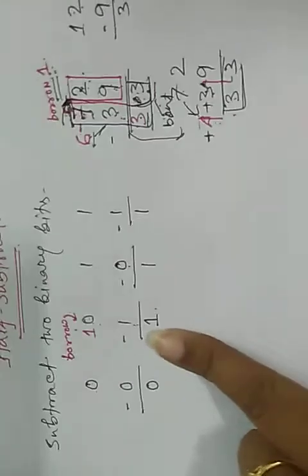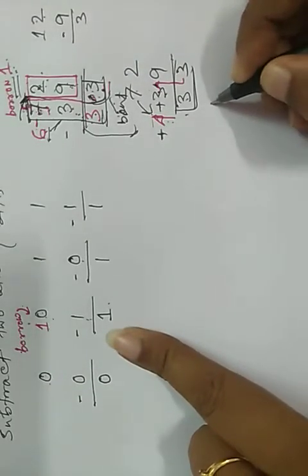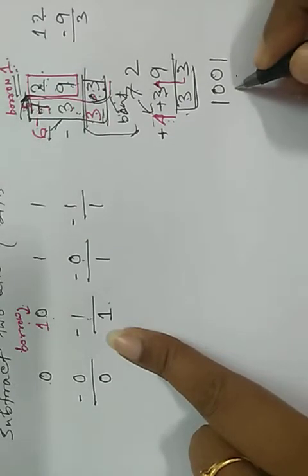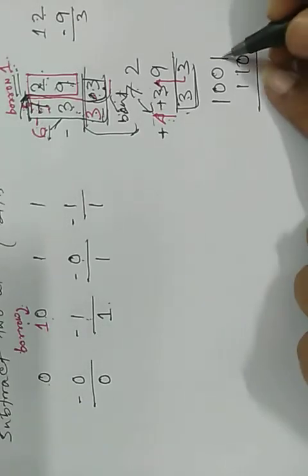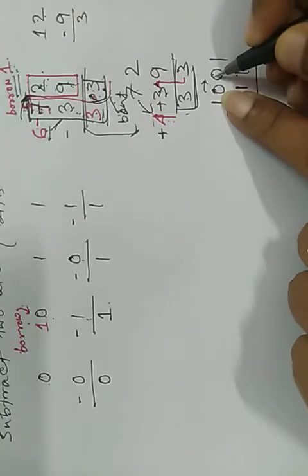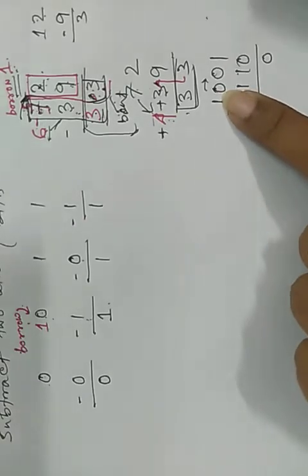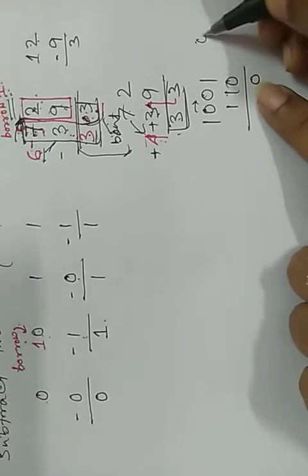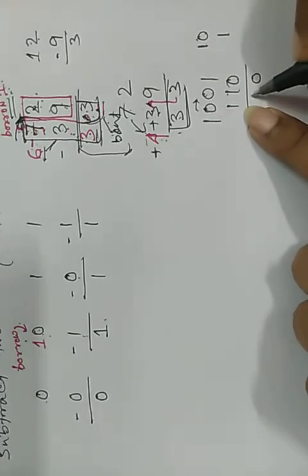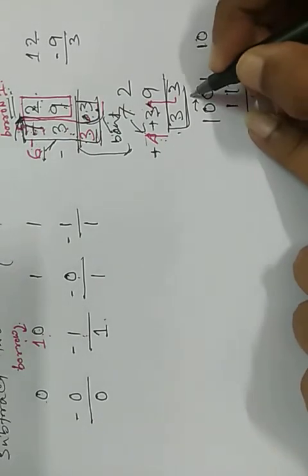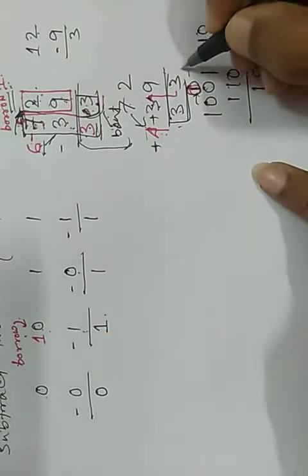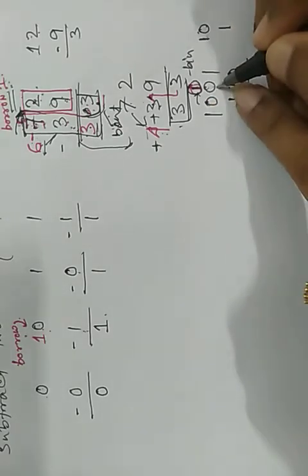In a normal subtraction process, if it is 0 minus 1, we have to take one borrow, it changes into 1 0 and 1, so 1 0 minus 1 means 1. This 1 which is borrowed from the previous stage is known as borrow in, because it comes from the previous stage.